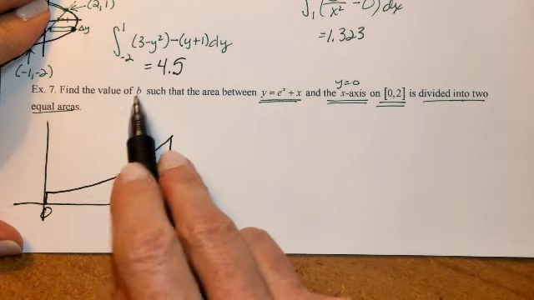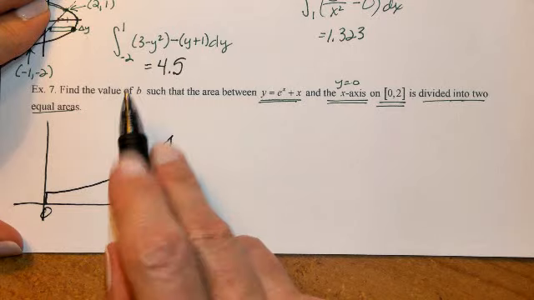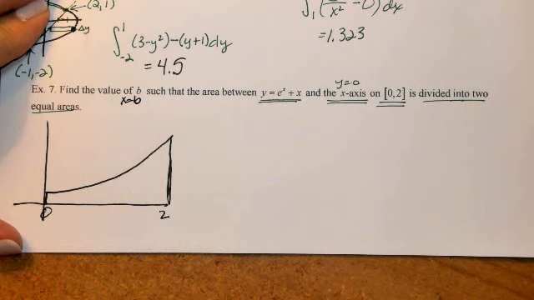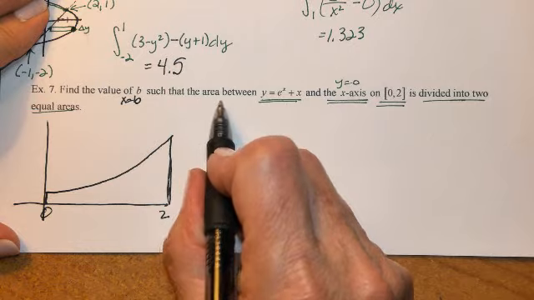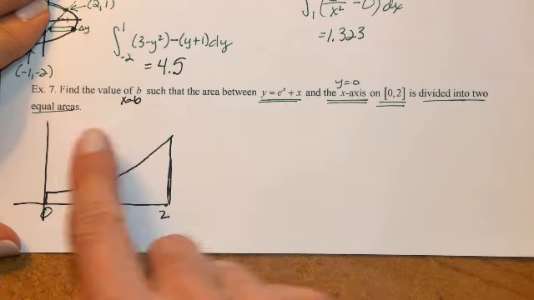And it says to find the value of b. You know what? This should say x equals b. Find the value of x equals b such that the area of this region is divided into 2 equal areas.